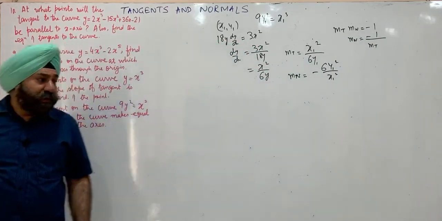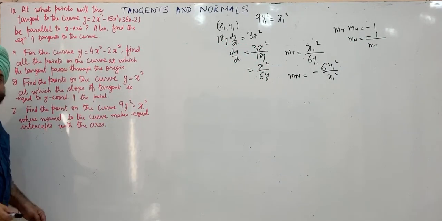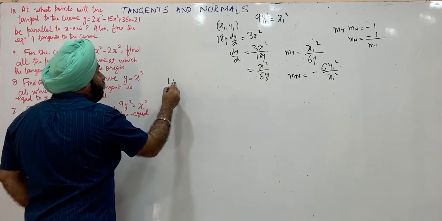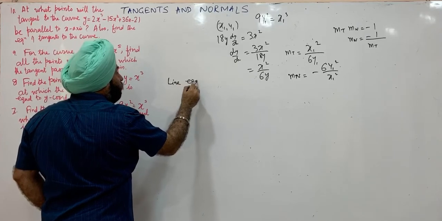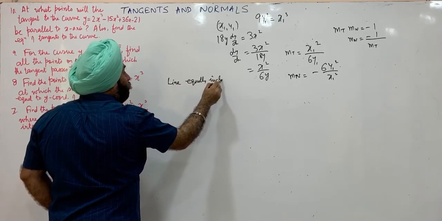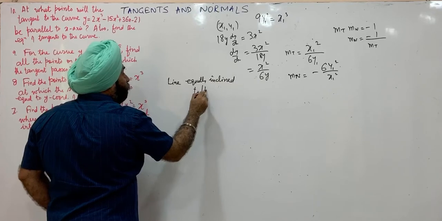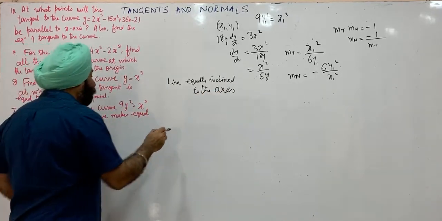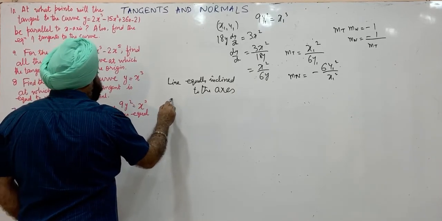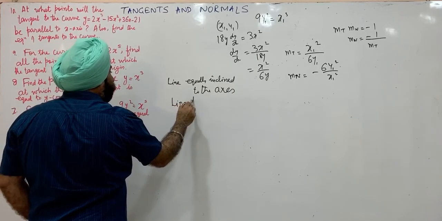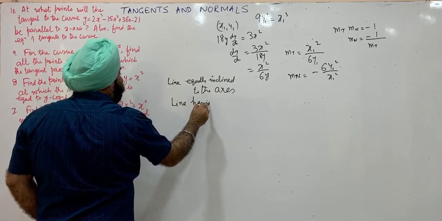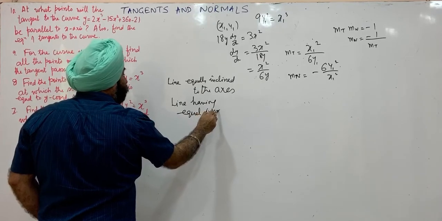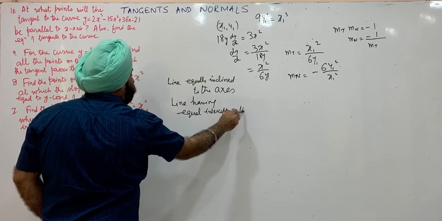Now, if a line makes equal intercepts with the axis, there are two terms. One is a line equally inclined to the axis, axis meaning x-axis and y-axis both, or the second one, a line having equal intercepts on the axis.